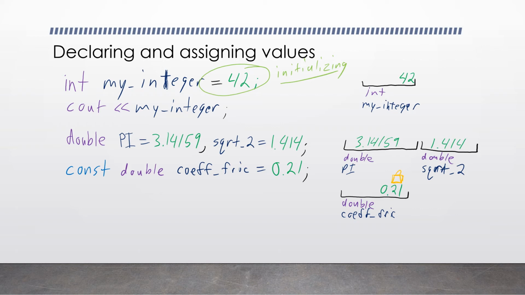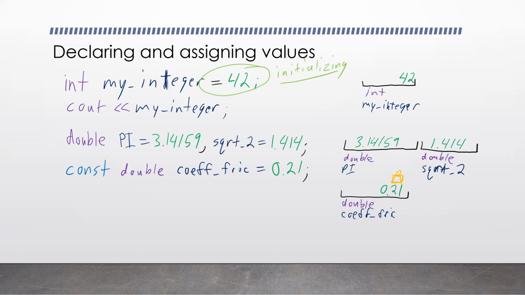That means that this value will not change. I am telling the program up front that this is a constant, and so I'm never going to change that value. And if I try to change that value later in the program, the compiler will throw up an error.